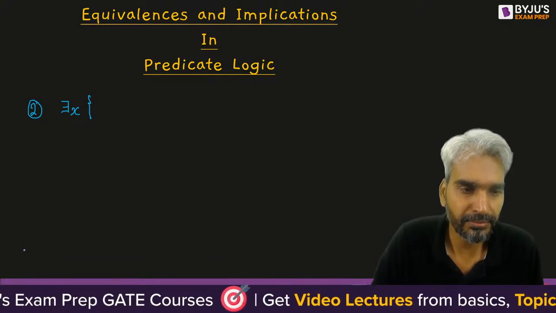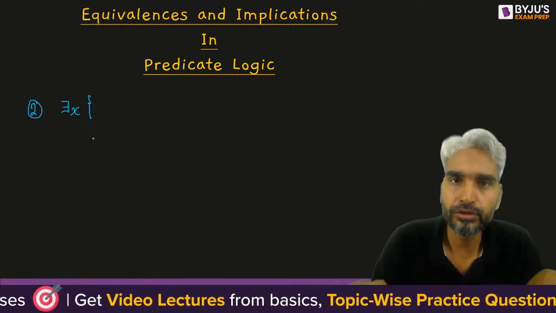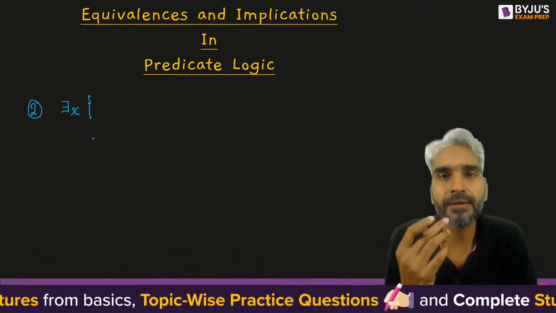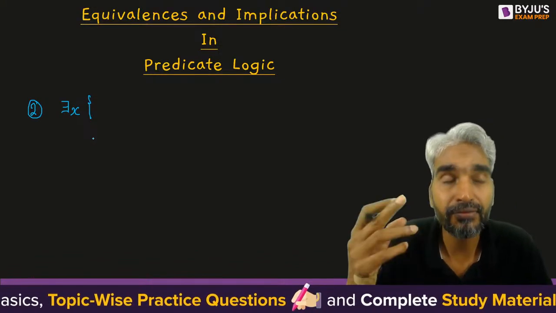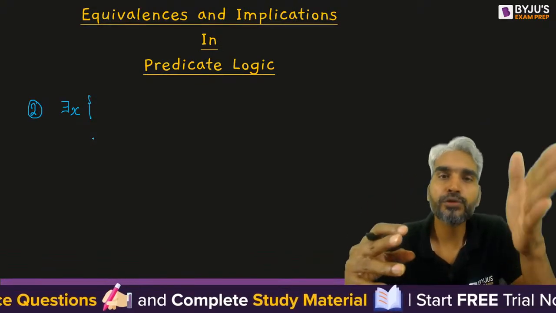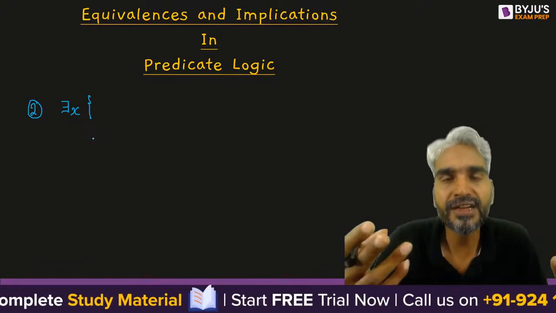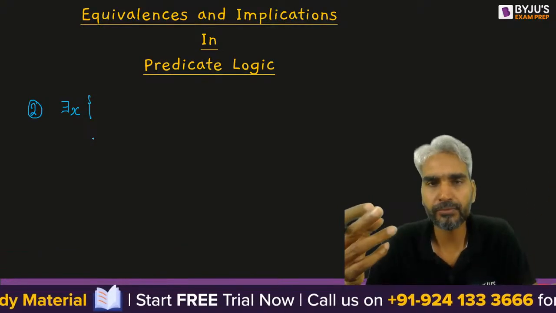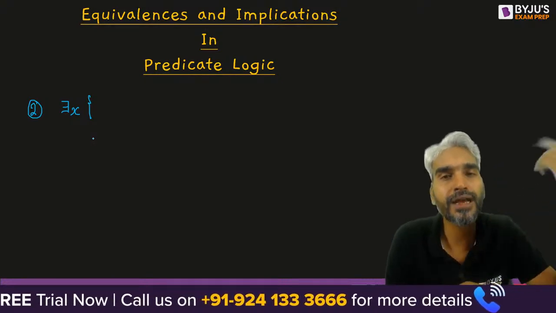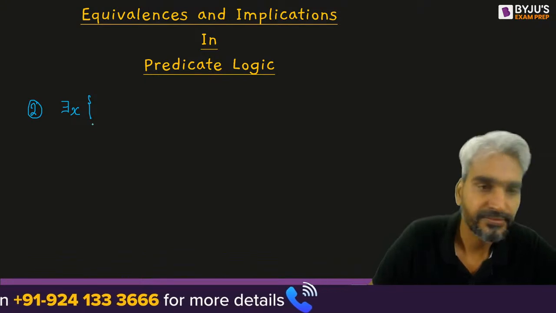This is quite simple, but it is very important because you may remember these 4 rules, but if you do not understand how the implication or equivalence is actually derived, then in the problem the options may correspond to one of these 4 rules, but the options may be different. Most of the time 1 or 2 options will be from these 2 rules and the other 2 options will be different. So how do you analyze whether those other options are valid or invalid? That's what we are trying to understand.